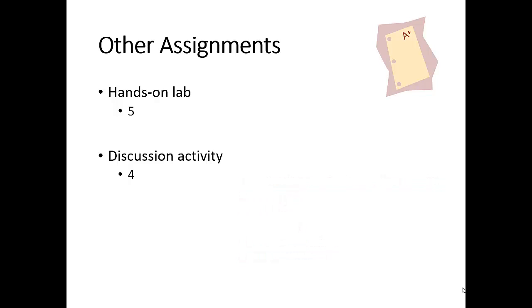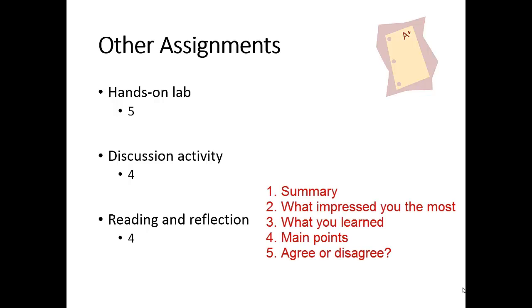Finally, we have reading and reflection assignment. We also have about 4 of these assignments, and what I'm expecting you to do from these type of assignments is that you read an article and you basically summarize what you read.